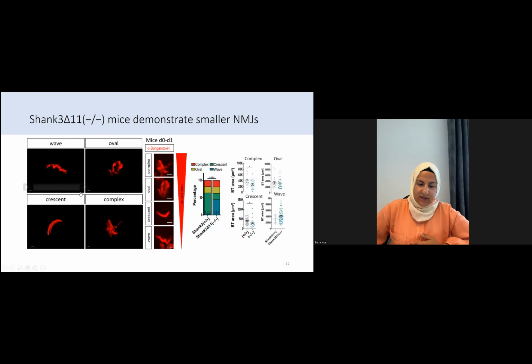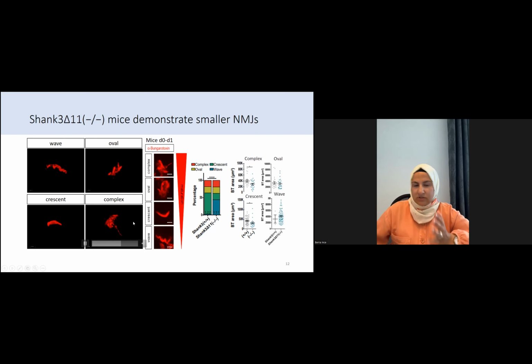To closely analyze neuromuscular junction structures in skeletal muscle tissue, whole mounts were labeled with bungarotoxin, again to label the acetylcholine receptors. And bungarotoxin-positive areas of day 0 mice were classified as wave, oval, crescent, and complex form with increasing maturation.